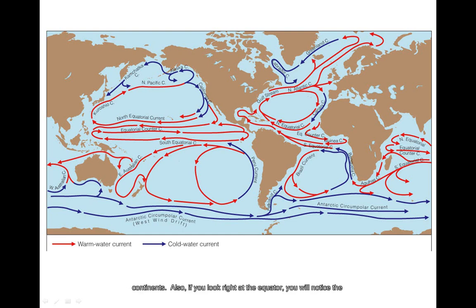Now also, if you look right at the equator itself, you will notice the equatorial countercurrents flowing the opposite direction as the gyres. Now this is because right at the equator itself, there is almost no wind. The water is not being pushed to the west by the trades, and some of it will backflow to the east as the equatorial countercurrent.